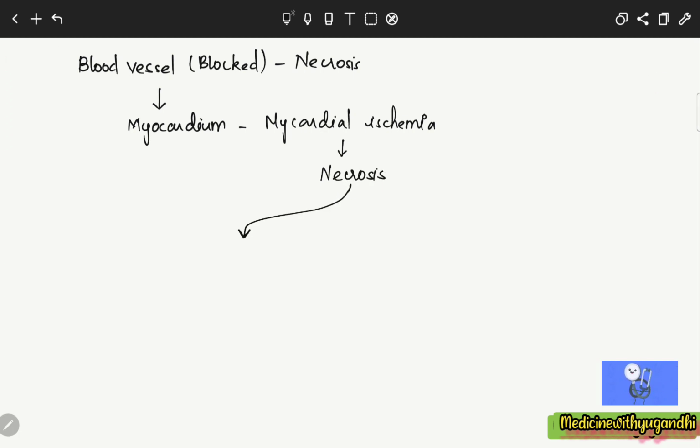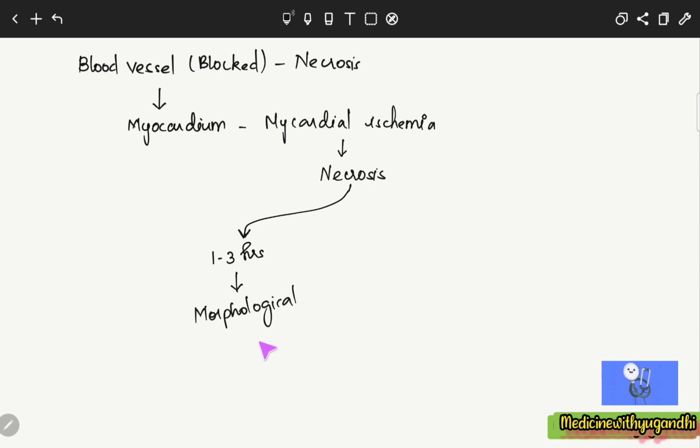If the person affected by myocardial infarction dies within 1 to 3 hours, and if that necrosed tissue is taken for biopsy and observed under the light microscope within 1 to 3 hours, it may not show any morphological changes.